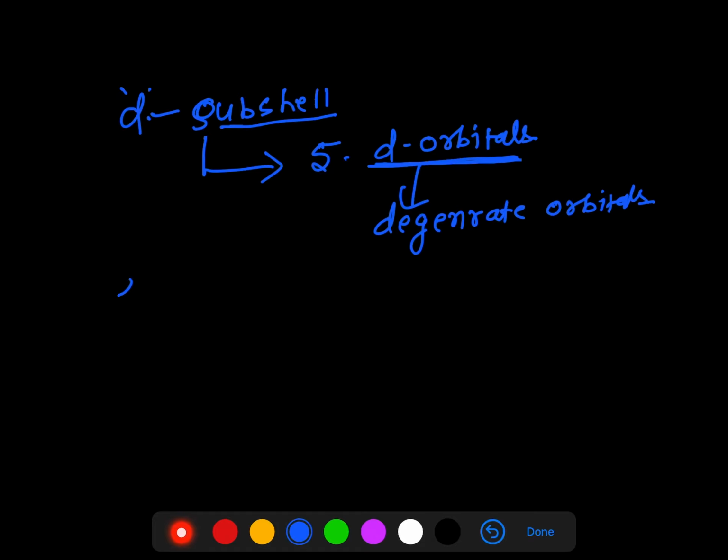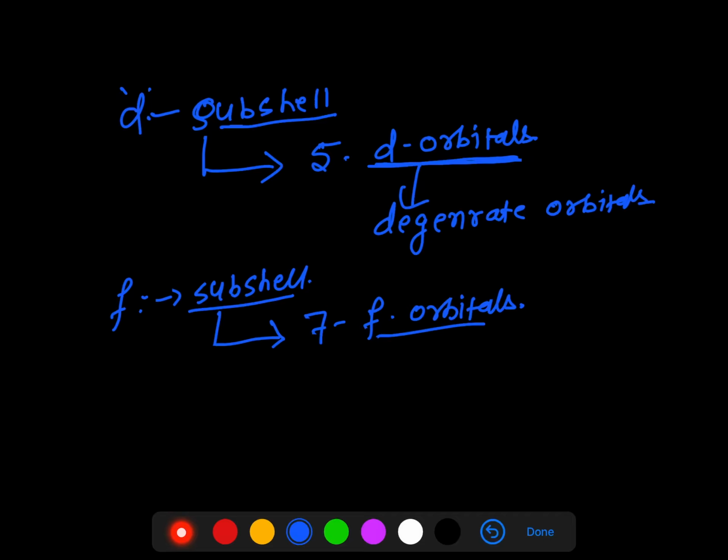Similarly, any f subshell of a particular shell has 7 f orbitals, and all the 7 f orbitals of the given shell will have the same energy, so they are also degenerate orbitals.